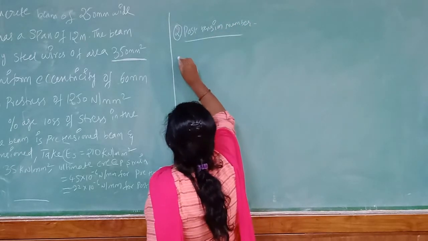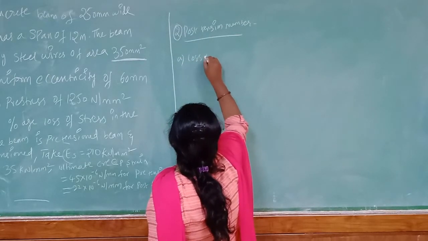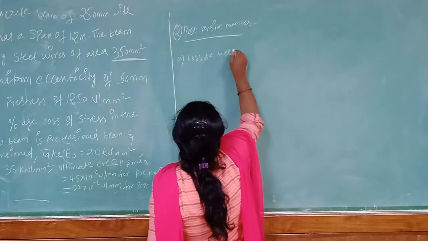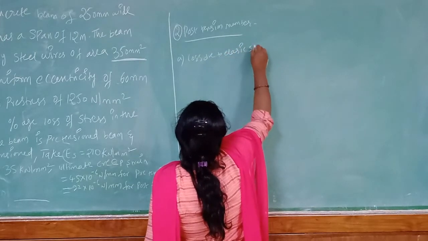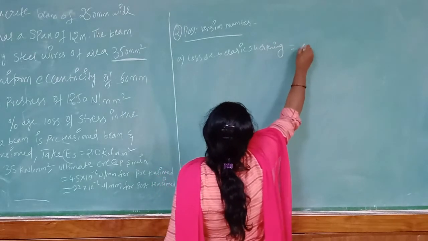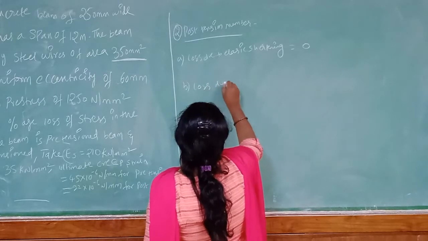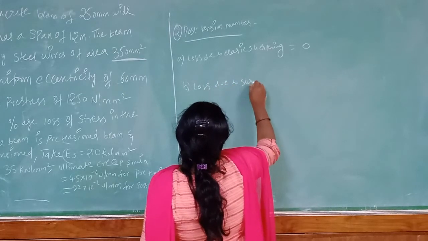In the post-tension member, the first one will be loss due to elastic shortening, which will be 0. Right, next one, the loss due to shrinkage.